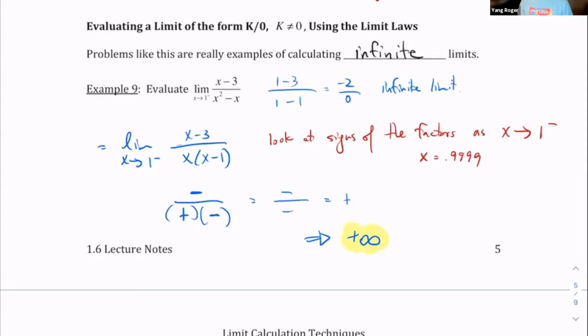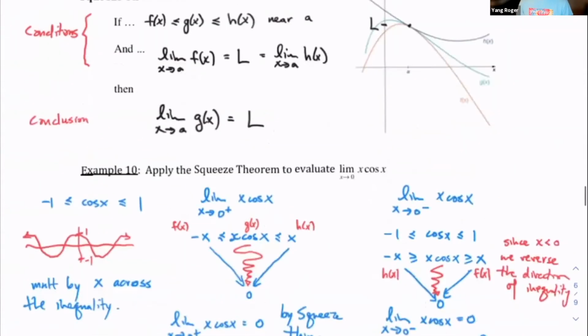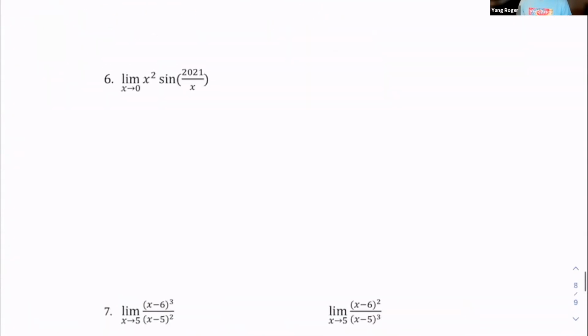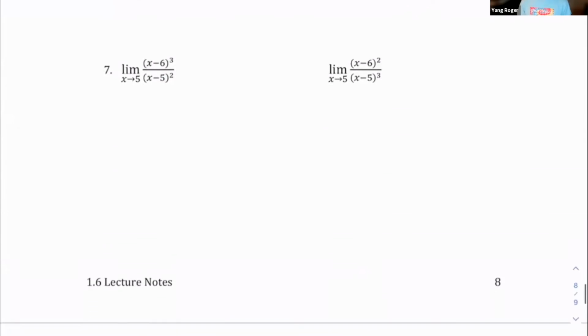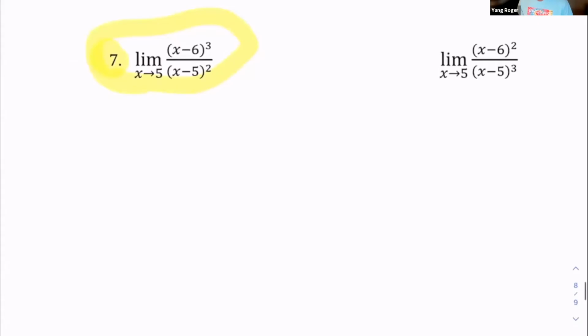All right. Let's check. This is the classwork that we had skipped last time, but try number 7. Let's do this one on the left first. I don't know if you guys realize this, but you have to actually split this into 2.